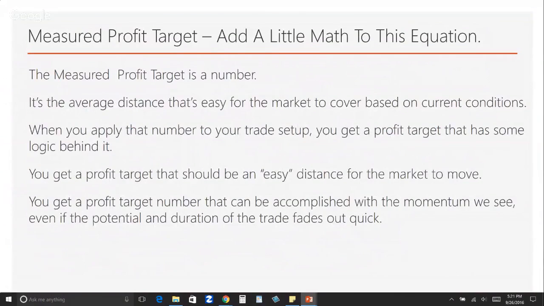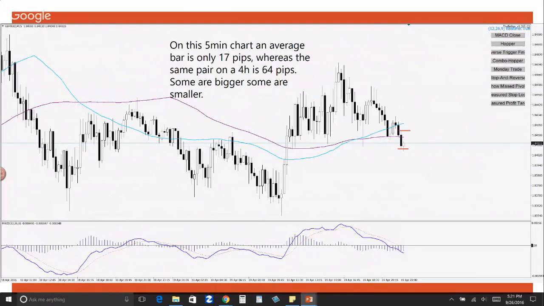And I'm going to go back one page. And when you take profit at 17 pips, because that was your measured profit target, and it ends up going 37 pips, you don't have to second guess yourself anymore and look back and say, oh, I should have let my winner run. Remember, that's just a stupid saying, and we're not falling for that anymore, because you had an actual calculation behind your decision to close your trade at 17 pips.